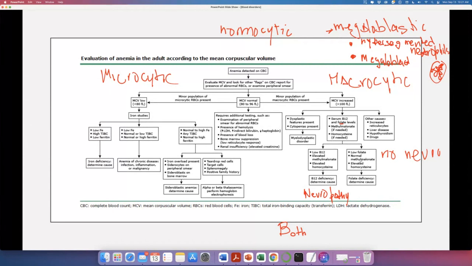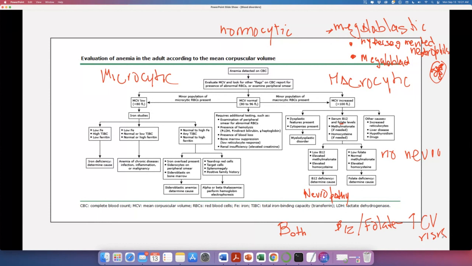How will we remember that homocysteine is the one that is elevated in both B12 and folate deficiency? Well, at least this is what I use. Maybe it's not an excellent mnemonic, but patients that have B12 and folate deficiency, both deficiencies will lead to an increased cardiovascular risk.